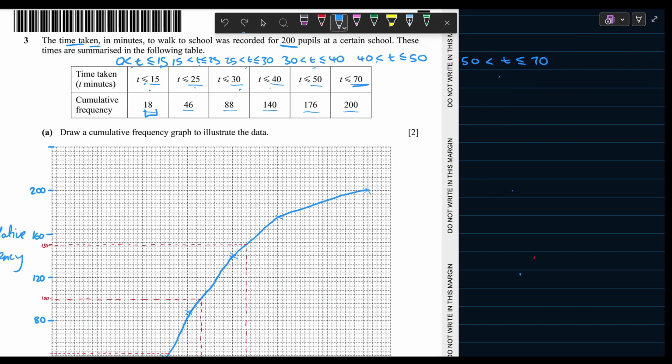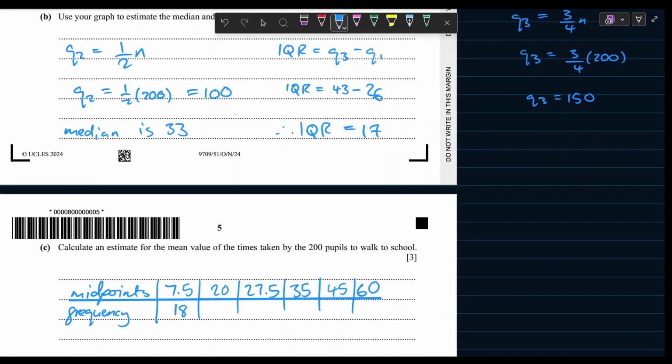So it means in this case, this 46 here represents the frequency of the first class plus the frequency of the second class. So if we just want the frequency of the second class, we can say 46 minus 18, because the frequency of the first class is 18. If we remove it from the 46, we remain with the frequency of the second class. So that's 46 minus 18, that's 28. So this is 28.